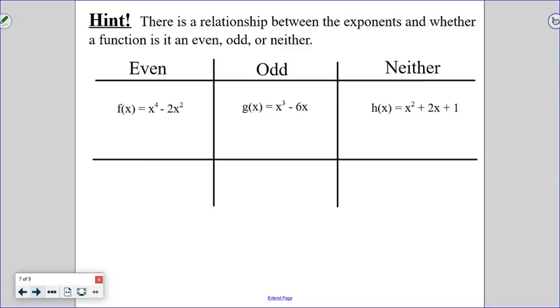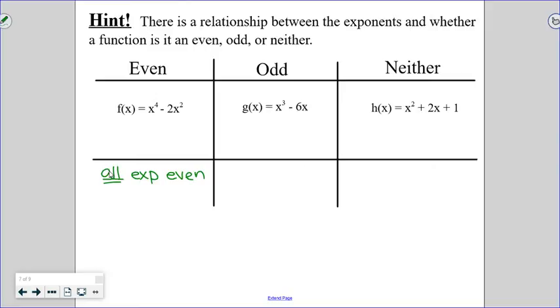As we look at this, and I'm going to add something to that neither column as well, is there a relationship between the exponents? If I tell you that this is an even function, look at the exponents. They're all even, right? So if all exponents are even, then it is an even function. That's a little hint. Okay?